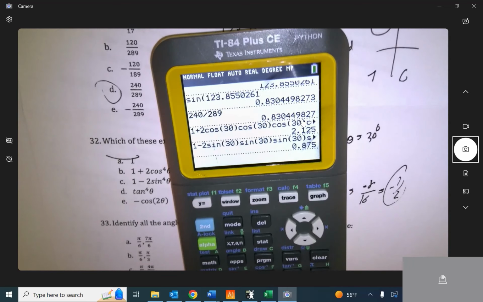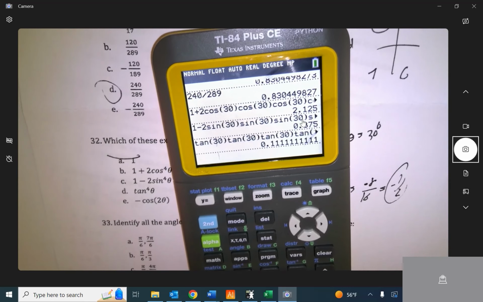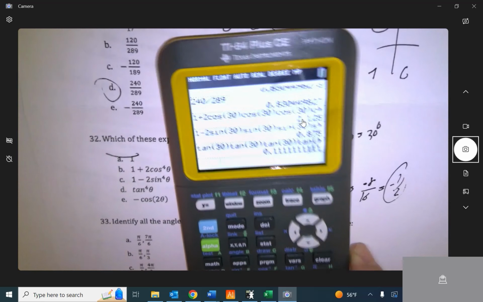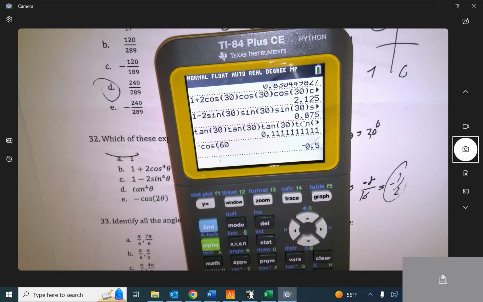Not that one. Tangent 30 to the fourth. Not that one. And what do we have here? We have negative cosine of twice theta, so negative cosine of 60. It was that one all along, wasn't it? Of course it was.